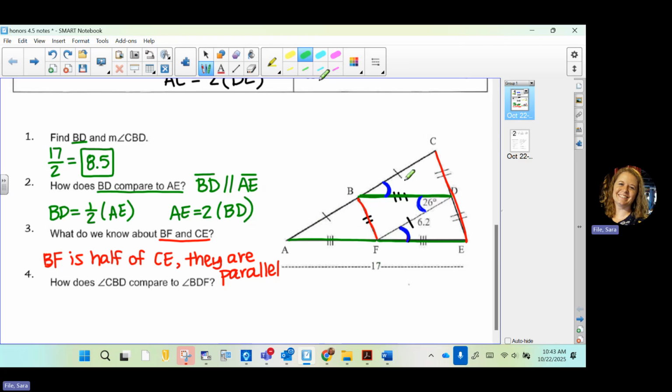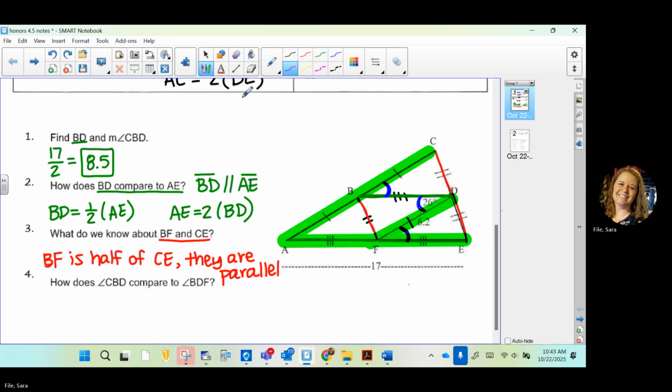But notice how it would be a corresponding angle. Let's highlight these again. These two are parallel with this transversal. Do you see how this angle here corresponds to this angle here? Those would be corresponding, so I know they're congruent.